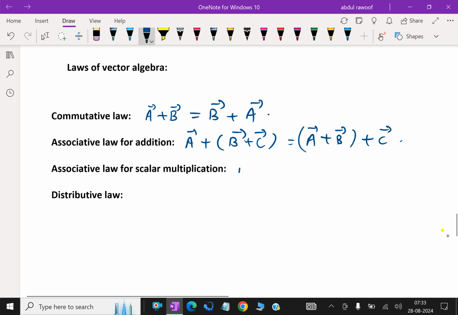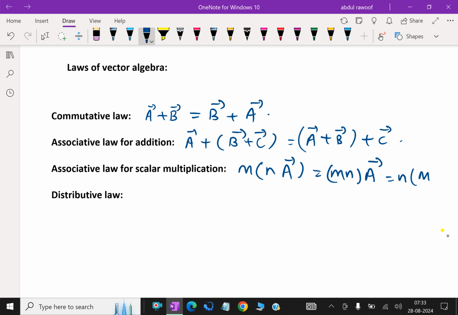Next one, associative law for scalar multiplication. Suppose M is a scalar quantity and N is another scalar, then M multiplied with N vector A can be written as N first, then M vector A, which is also possible.